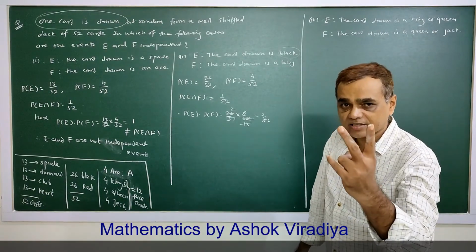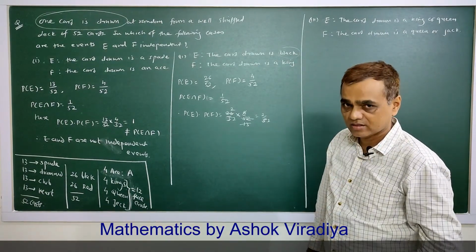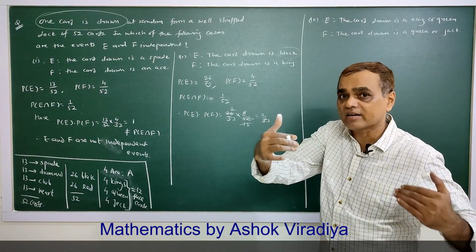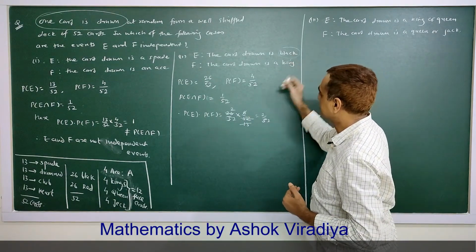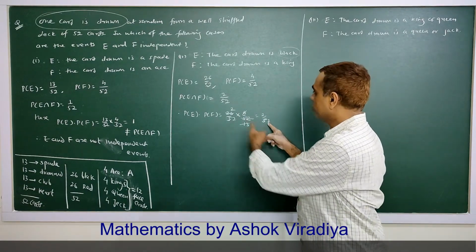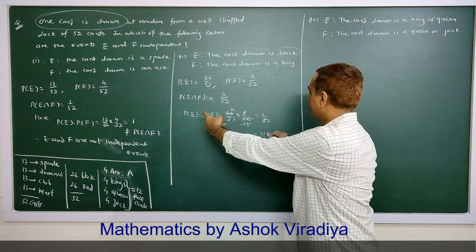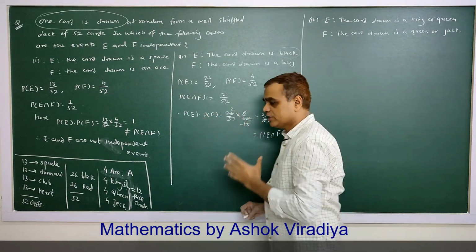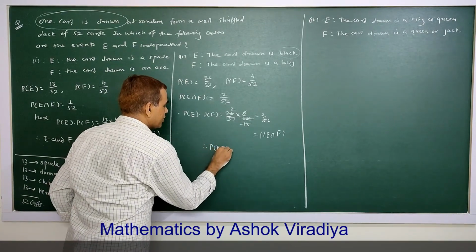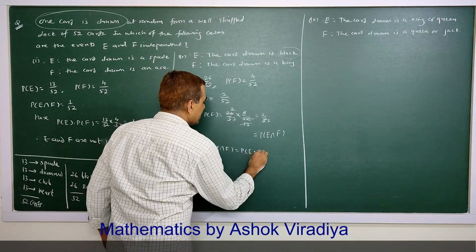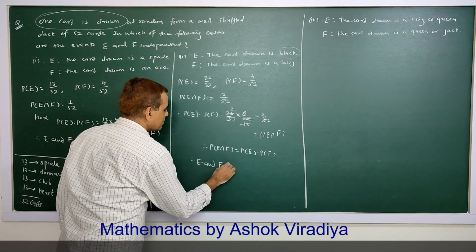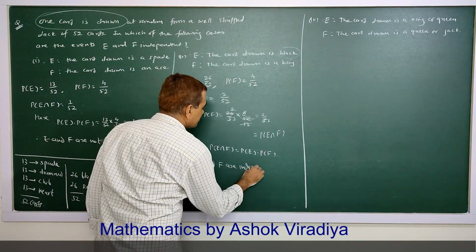There are 2 kings with black color. One is from spade and one is from club. Spade and club both have black color. So there are 2 such kings. So here I should keep 2 by 52. And this value is equal to P of E into P of F. Therefore P of E intersection F equals P of E into P of F. So events are independent.